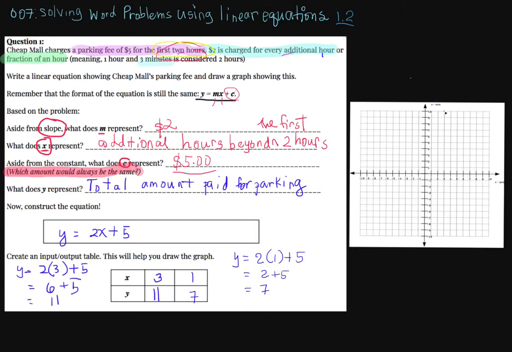What am I going to do to get to 11? You can extend the graph. So I will put 11 around here. There you go. Then the next one is 1 and 7.